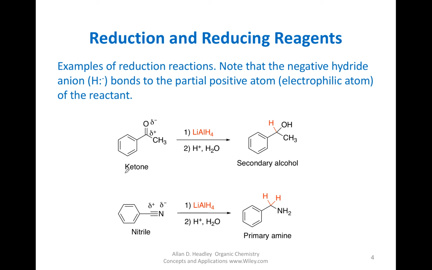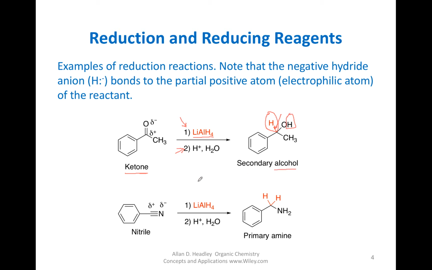If you had this ketone, in step number 1, again, please include 2 steps if there are 2-step reactions, is lithium aluminum hydride. It's a reducing agent, so it will supply H minus, including this bond right here. And of course, in a second step here, we will get the H onto the O to be the alcohol.